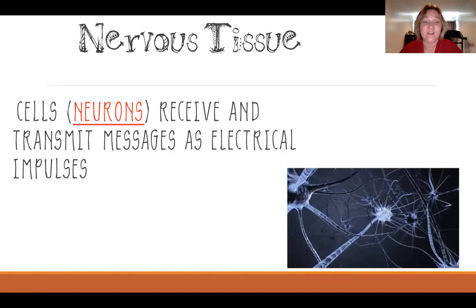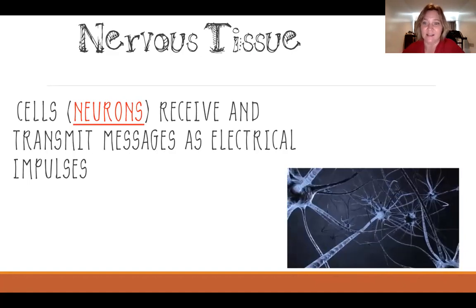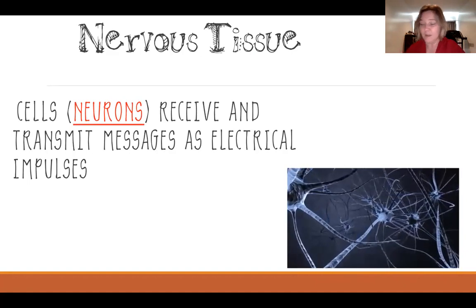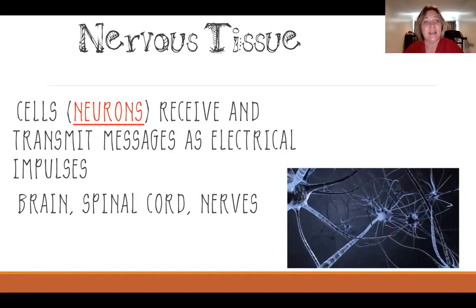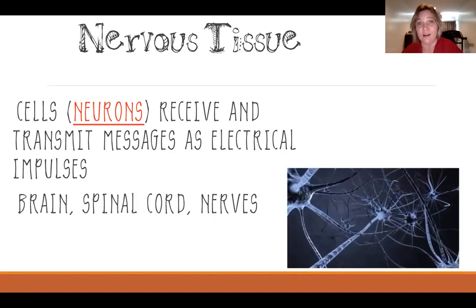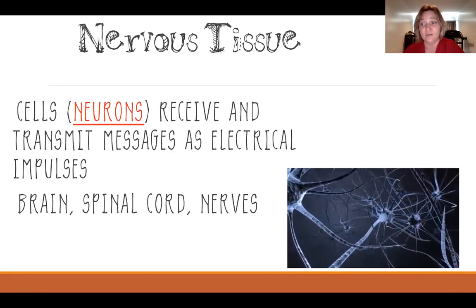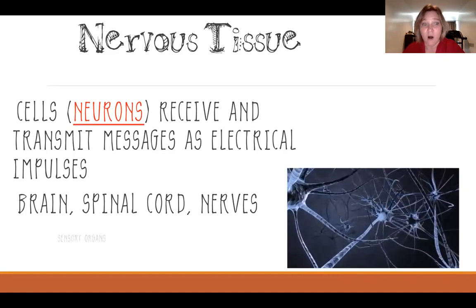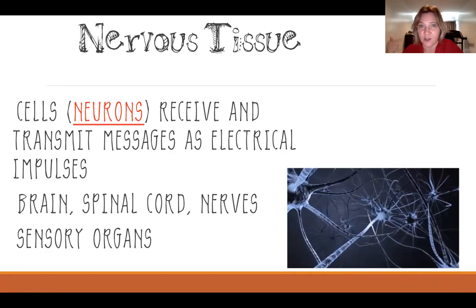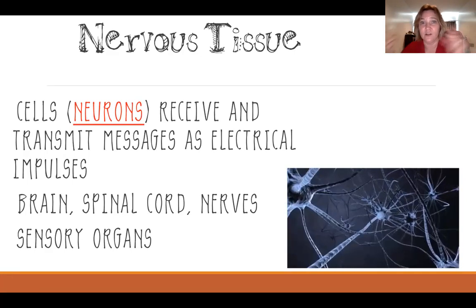Their function is to receive and transmit messages as electrical impulses. You find nervous tissue in the brain, in the spinal cord, and all of the nerves, the nerve network that goes through your body. Also in your sensory organs, like your ears, your eyes, your nose, and on your skin.